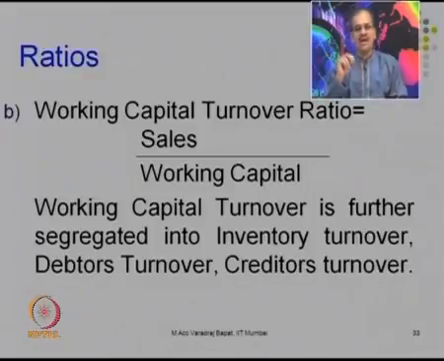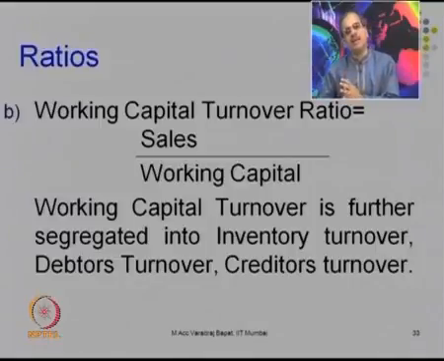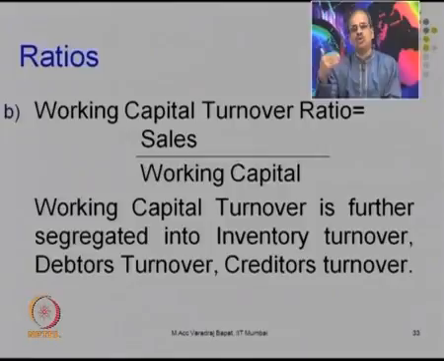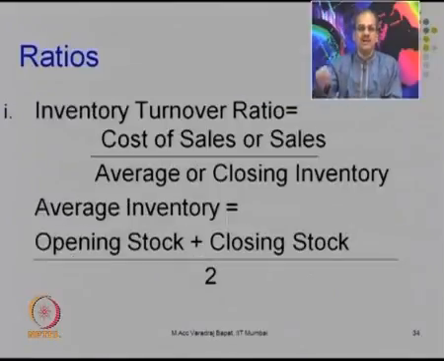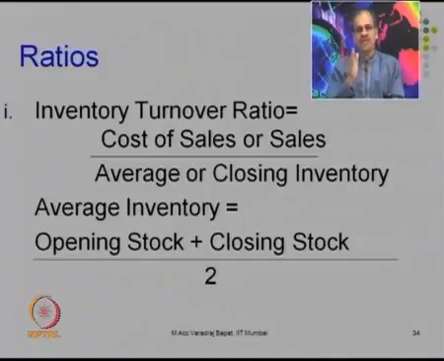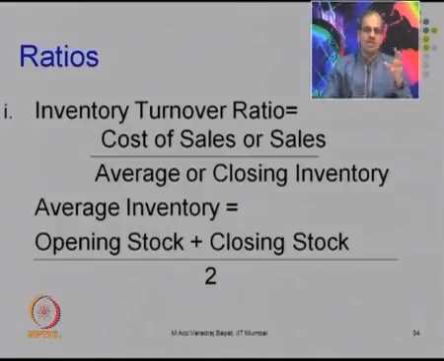We can also look at the working capital turnover, which is sales upon working capital. It tries to see how efficiently the company is able to use its working capital. It can be further subdivided into the use of inventory, debtors and so on. So you have an important ratio, inventory turnover ratio, which shows the efficiency in use of stocks or the inventory.